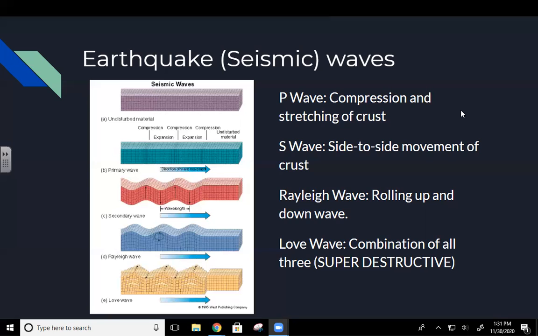And I'm not talking about the kind of love wave that you send your crush from across the hall. That doesn't make any sense. Okay? Love waves are the most destructive kinds of earthquake wave, seismic wave.